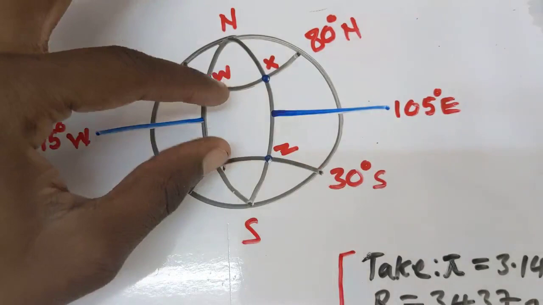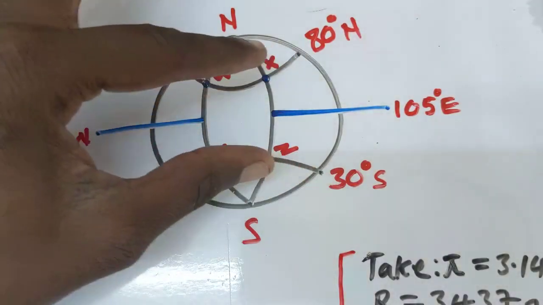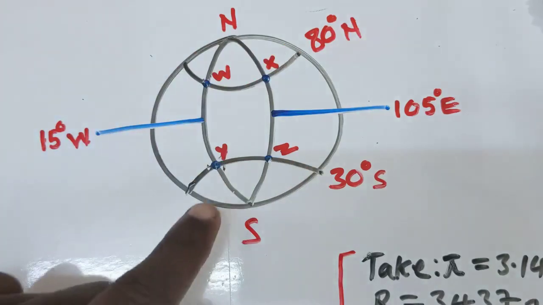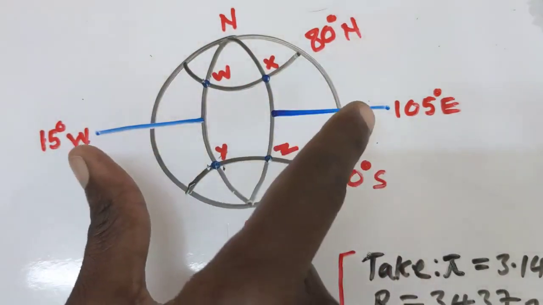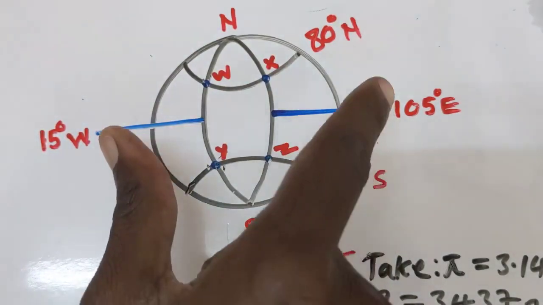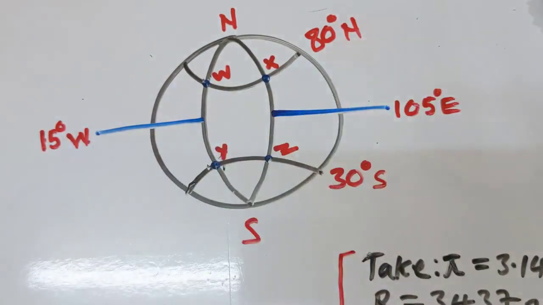So we are going to add 15 plus 105. That will be our difference.